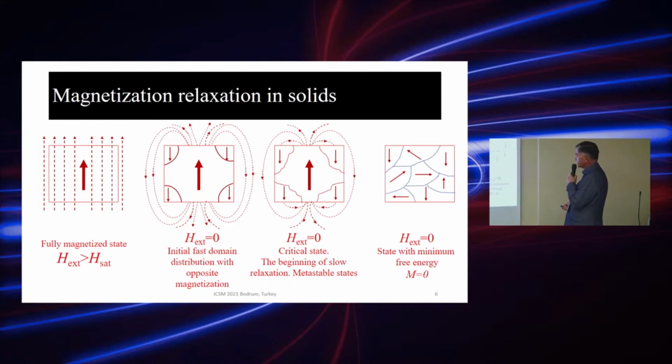The rate of slow relaxation is strongly dependent on many parameters like microstructure, magnetic properties, and so on. So by studying the relaxation of magnetization, it is possible in principle to extract very useful information. Hopefully, the time of this slow relaxation is detectable from the experimental point of view.